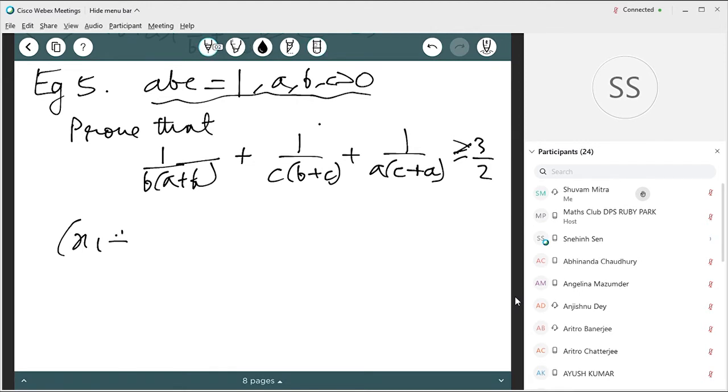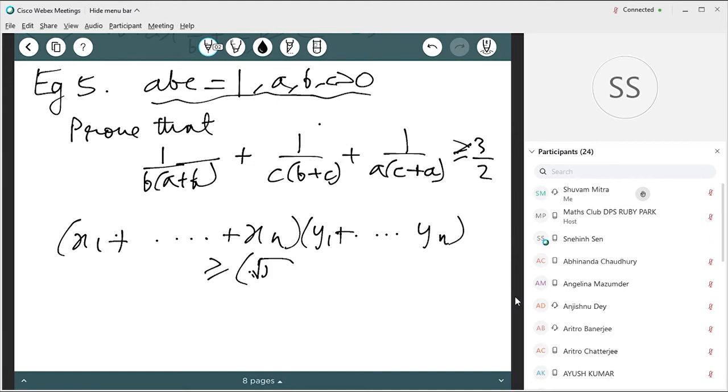If all these are positive, then (x1 plus ... plus xn)(y1 plus ... plus yn) is greater than or equal to (root x1 y1 plus ... plus root xn yn) squared. As I said, x1 to xn and y1 to yn must all be positive. This is also Cauchy-Schwarz. It's the same thing.